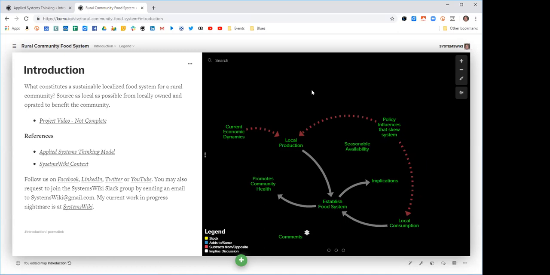So the fact that local food right now is more expensive is a big driver. At least if it's labeled local, you pay a premium right now, and that's the dynamic that everybody's gotten used to. That may work for people who have a lot of money, but in general, it doesn't drive a sustainable food system.